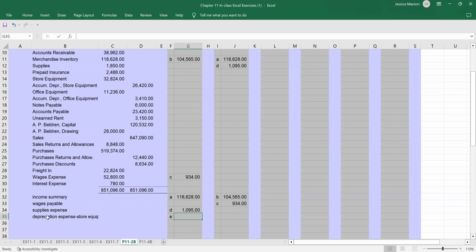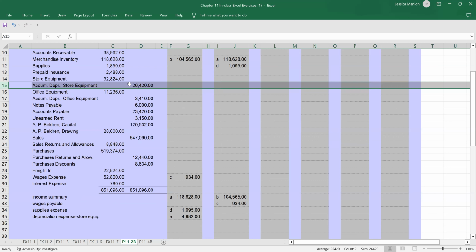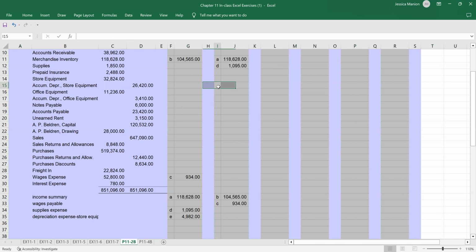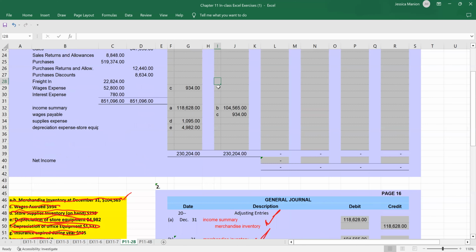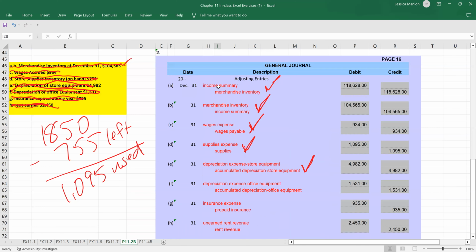This is letter E, 4,982. We do, however, have the accumulated depreciation store equipment account already there. So then we need to credit accumulated depreciation 4,982. Okay, let's scroll back down here. So we've got that one.